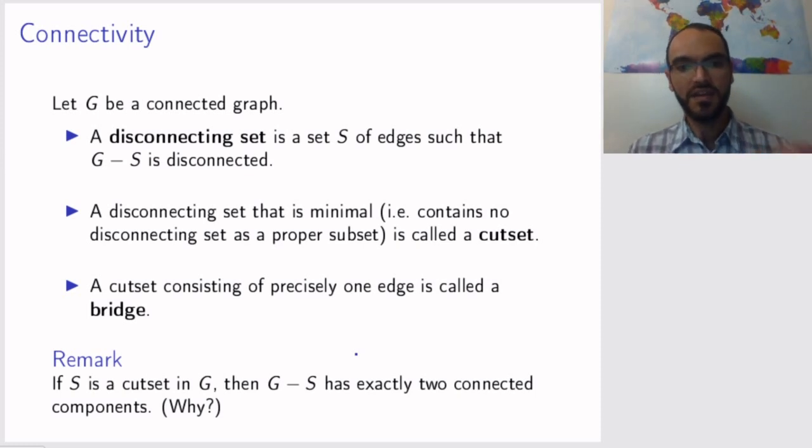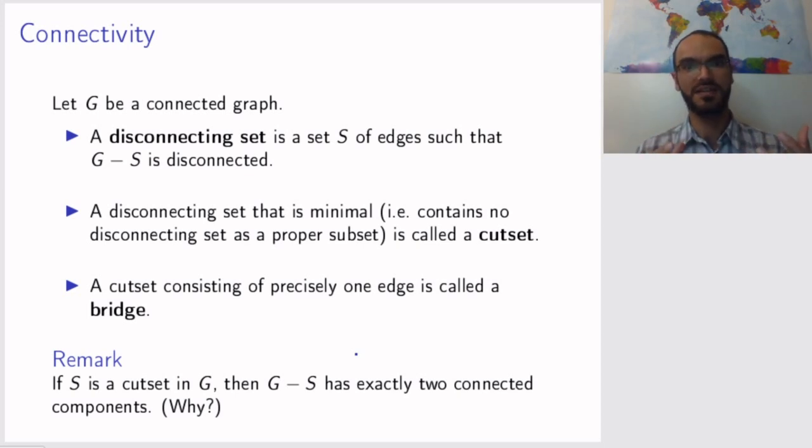So if you have a cut set, then the removal of that cut set will make the graph disconnected, yes, but the new graph will have exactly two connected components. Why two? Think about it for a moment. I'll give you the answer shortly. So if by removing S you get three components or four components, then you have removed too many edges. Then you could have already disconnected the graph by removing fewer edges than you did.